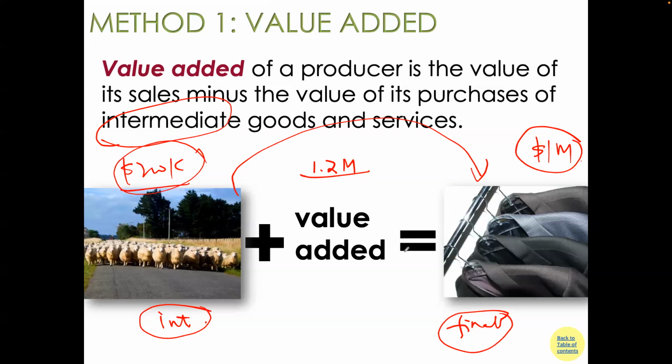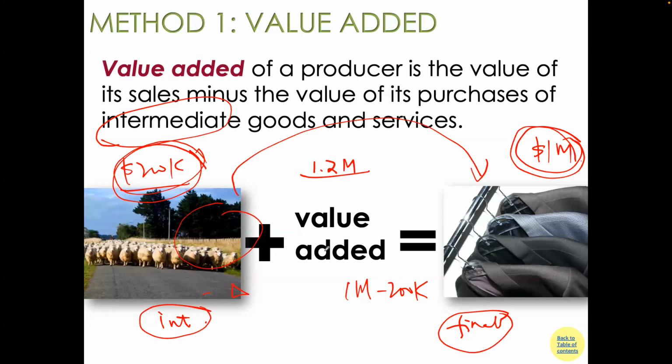Is it clear? The better way is to look at the value added of each business. For the farmer, what's their value added? Their value added is this 200,000. For the clothing company, their value added is 1 million minus 200,000, because they use this as input, so you need to subtract that from their value added.